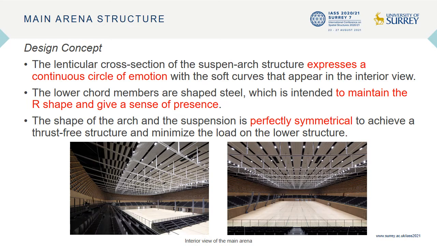The lenticular cross-section of the Suspen-Arch structure expresses a continuous circle of motion with soft curves. The lower corner members are shaped steel, which is intended to maintain the R shape and give a sense of presence. The shape of the arch and the suspension is perfectly symmetrical to achieve a thrust-free structure.